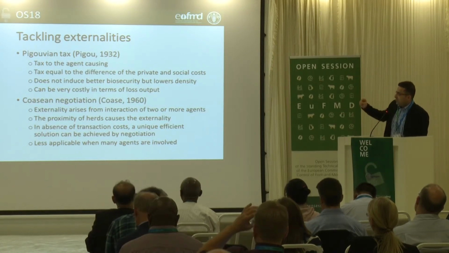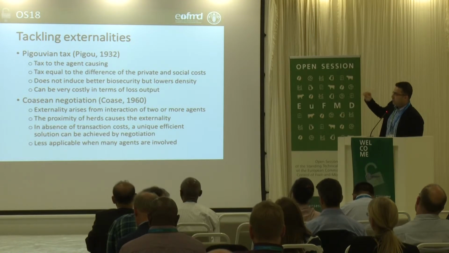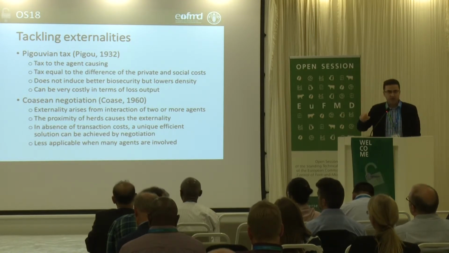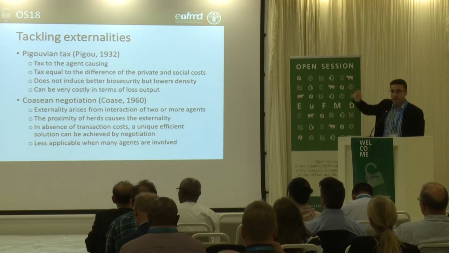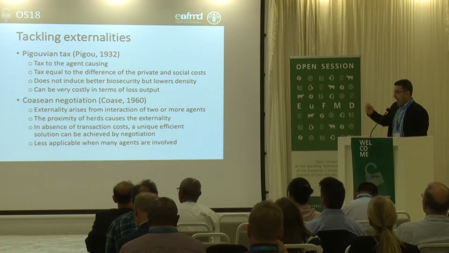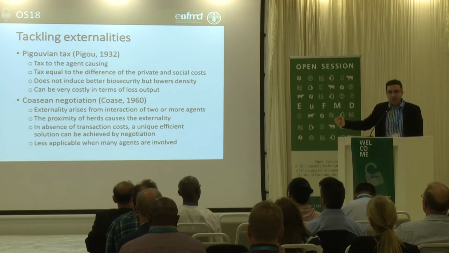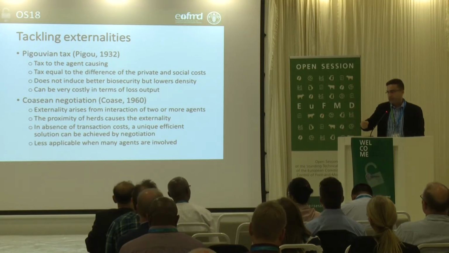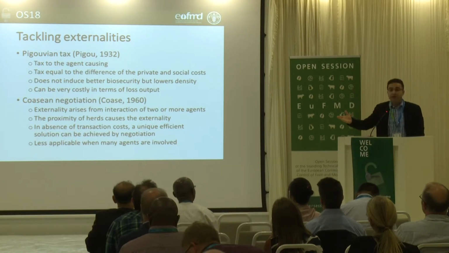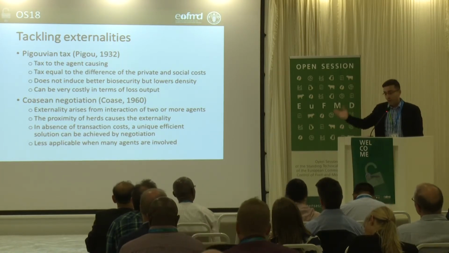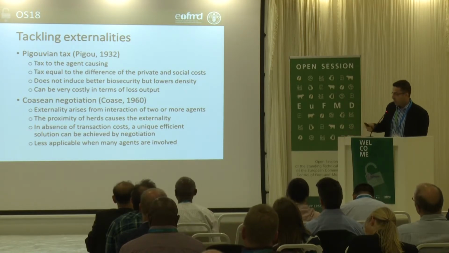The condition here is that the proximity of herds causes the problem of externalities. It's not about two very distant farmers. And when we add more agents, the negotiations become extremely complex, and therefore, again, you would need a centralized government or somebody to help with that.